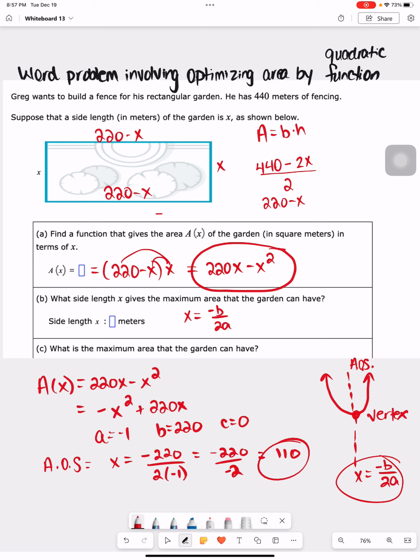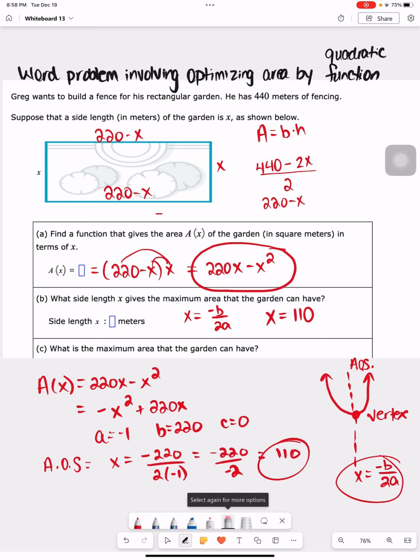So what we found was a vertex. We found the maximum area, and we found that it occurred when x equals 110.